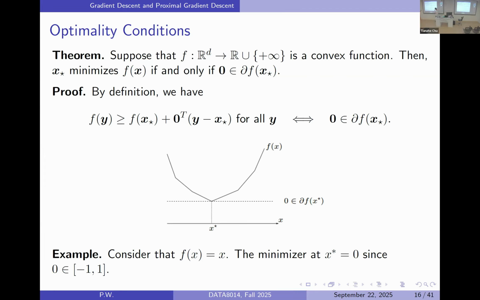At x star equals 0, the subgradient is the interval from -1 to 1, which you can verify using the definition. Then 0 belongs to [-1, 1], so 0 is the global optimum of this function. Okay, any questions? So this is the optimality condition for the convex non-smooth problem.